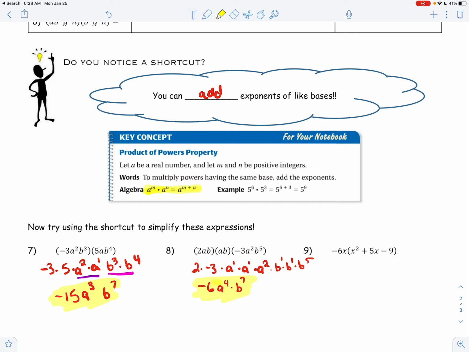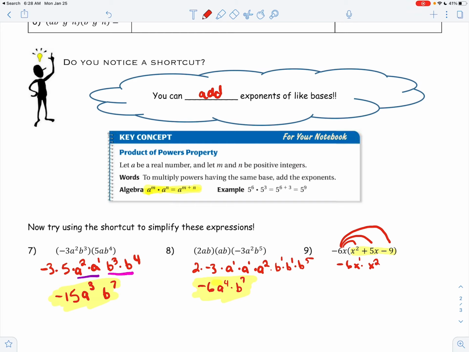Number 9 is a bit different. Why? Because we have addition inside this parenthesis. And therefore, we can't just pretend that everything is multiplication. We have to apply what we call the distributive property. So this will be negative 6x times x squared, negative 6x times 5x, and negative 6x times negative 9.